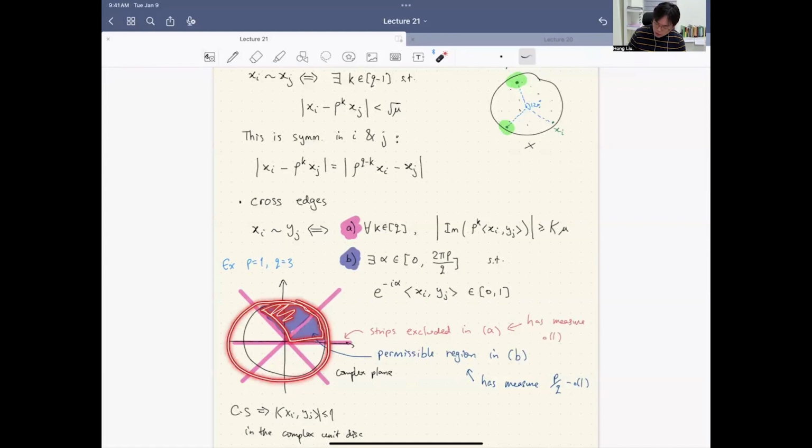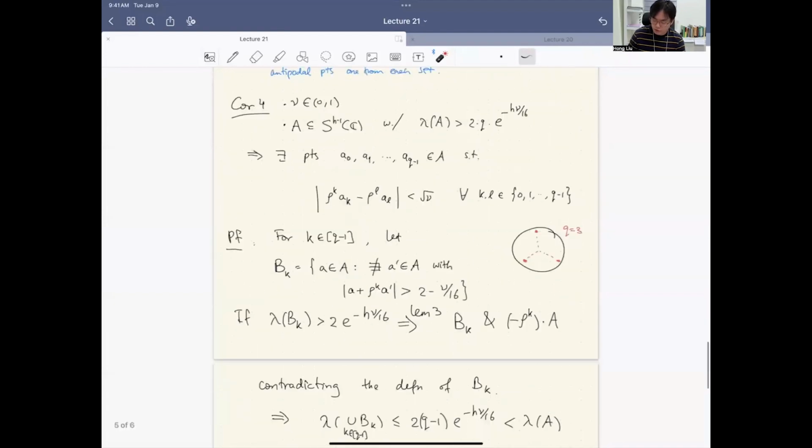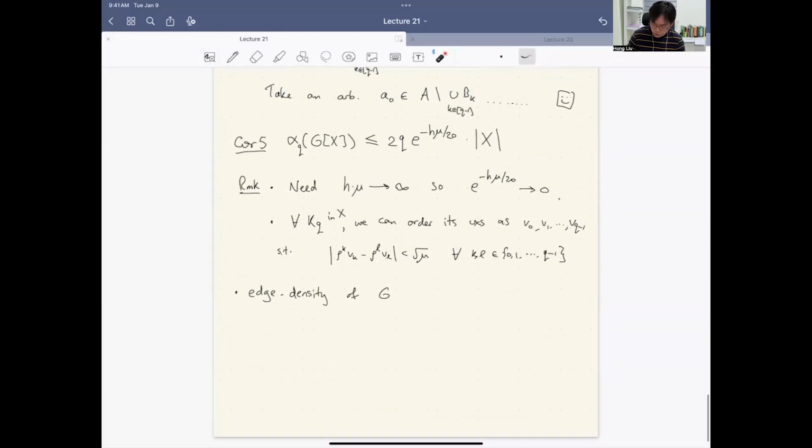Since vertices are uniformly distributed, the probability that it lies in here is the relative measure of this with respect to the whole disk, which is P over Q. So two points xi and yj form an edge, when we uniformly randomly pick these two points, with probability P over Q, and that gives the edge density. I will not do this part of the calculation. It's standard calculation.